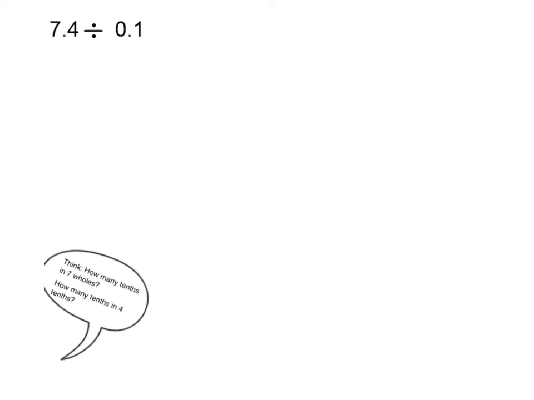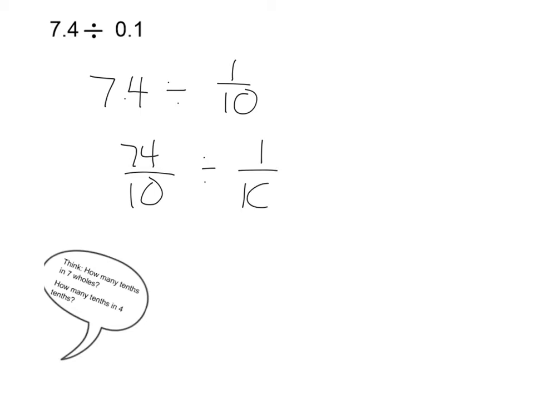Now if I have 7 and 4/10 and I divide by 1/10, that's the same thing as saying 7 and 4/10 divided by 1/10, or 74 tenths divided by 1/10. Now think, how many tenths are in 7 wholes? Well, we just talked about how there are 10 tenths in one whole, so we know there are 70 tenths in 7 wholes.